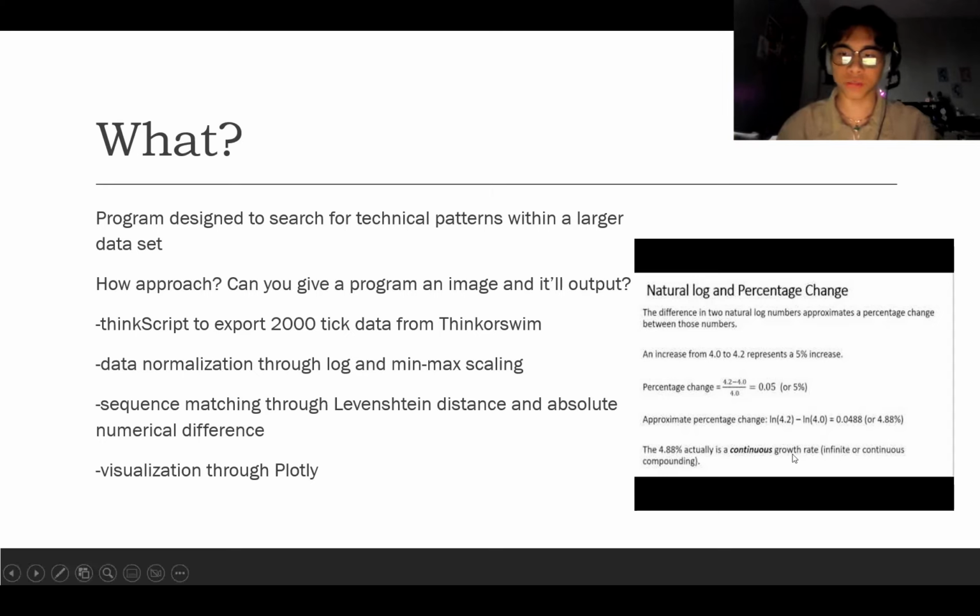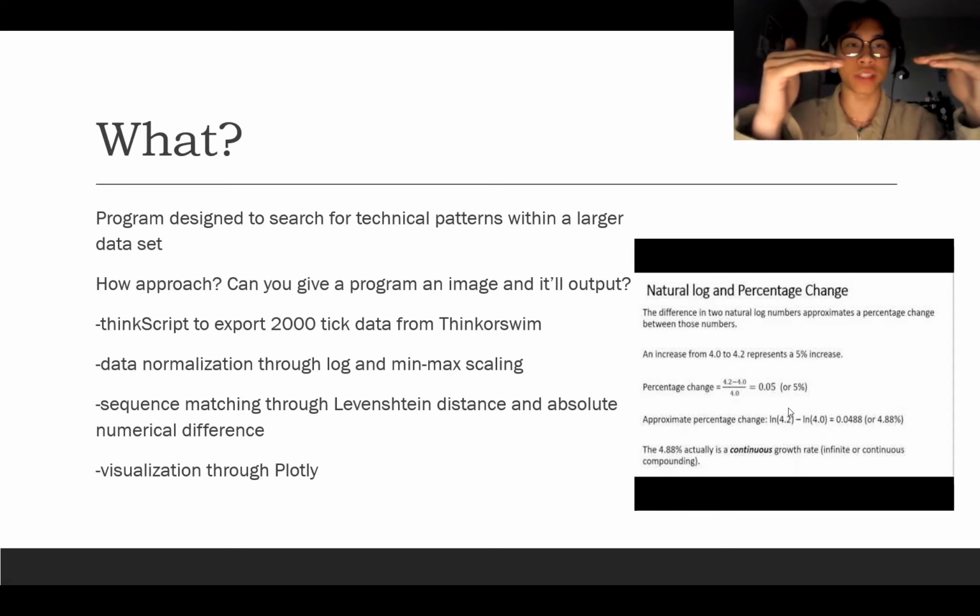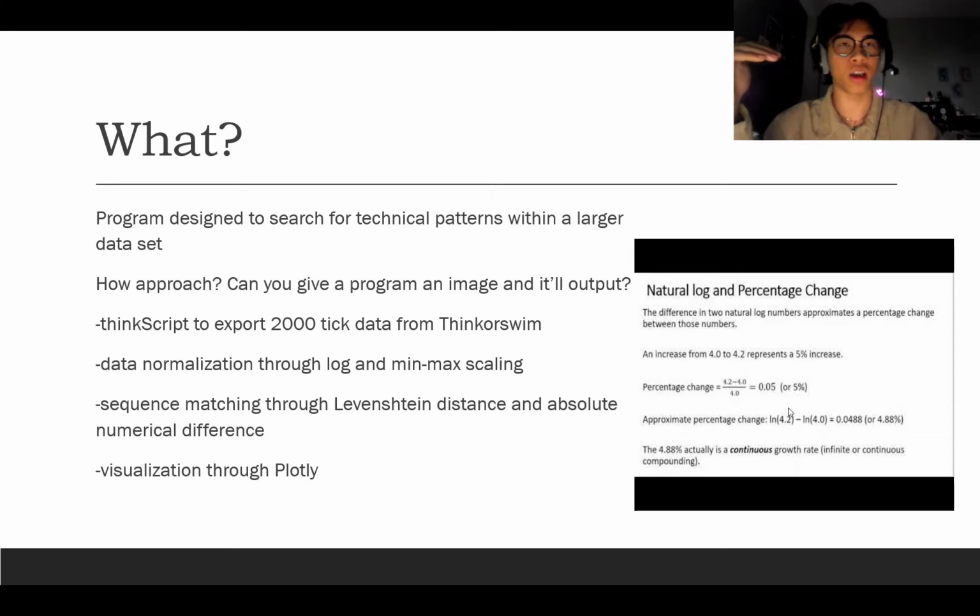So right here, if you do the natural log of 120 minus 100, you'll get around 18.33%. And if you do the same thing from 140 minus 120, the natural log of that, you'll still get 18.33%.